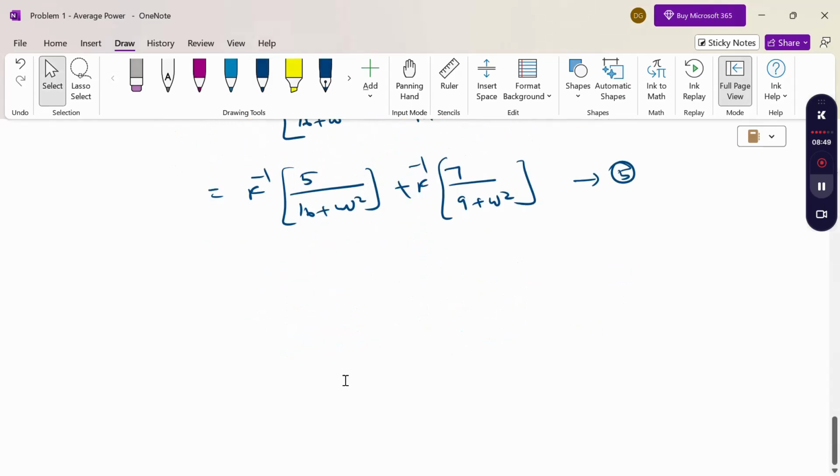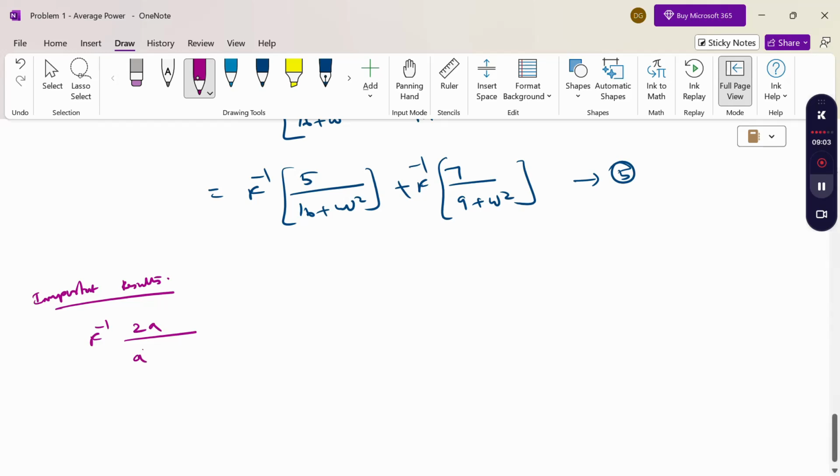The important result is that the Fourier inverse transform of 2a/(a square + omega square) is nothing but e power minus a modulus of tau.